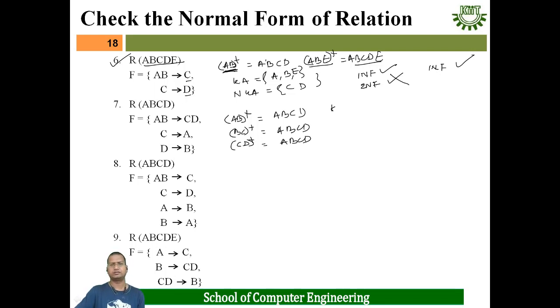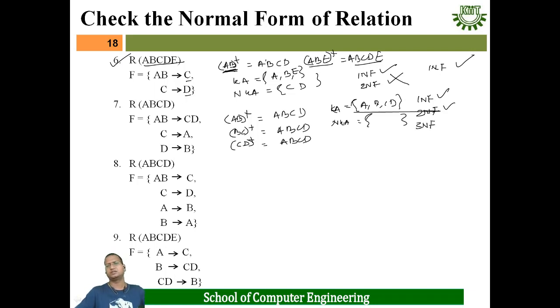These are the 3 keys possible here. Then key attributes will be all of A, B, C, D. These are all key attributes, and non-key attributes are nothing. That means 3NF. Check for 1NF: yes, it is there. For 2NF, is partial dependency present? Part of the key, no. That means 2NF.